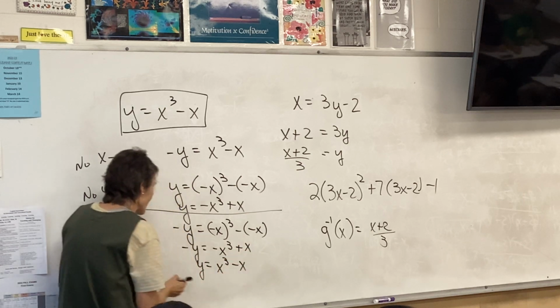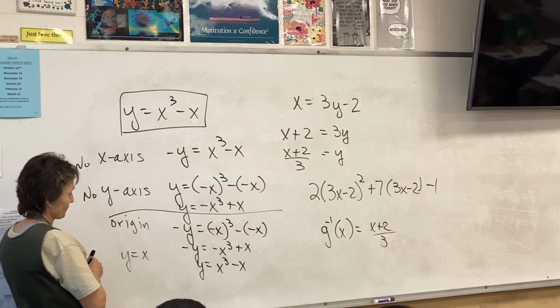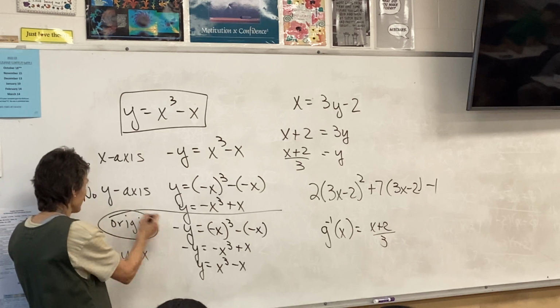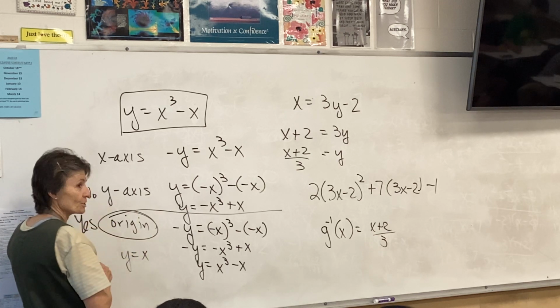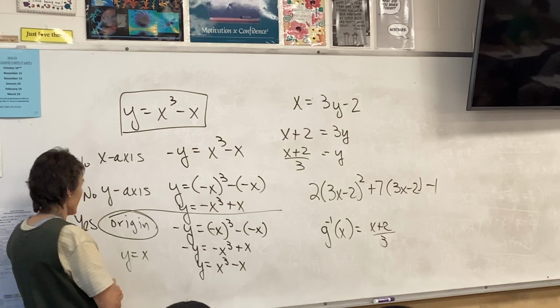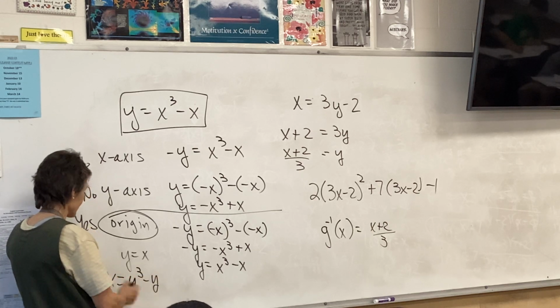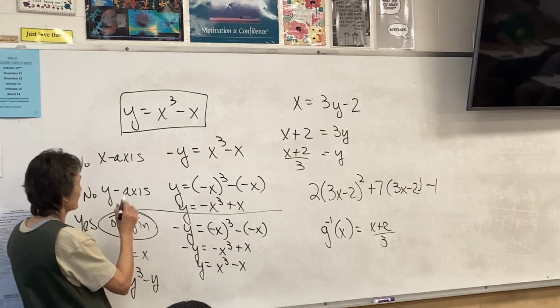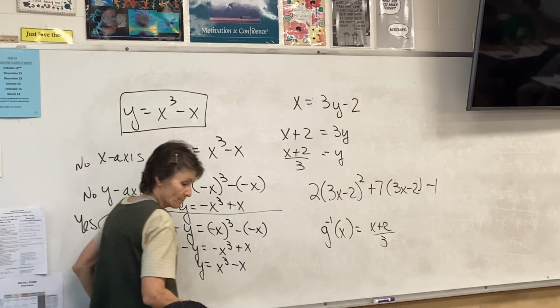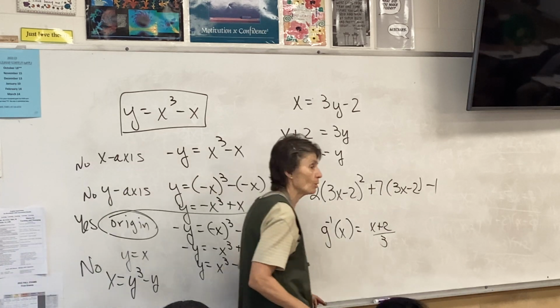I think that one matches, doesn't it? So we do have symmetry about the origin. For the identity line, I switch the variables completely. And obviously that doesn't match the original. So this one has symmetry about the origin.